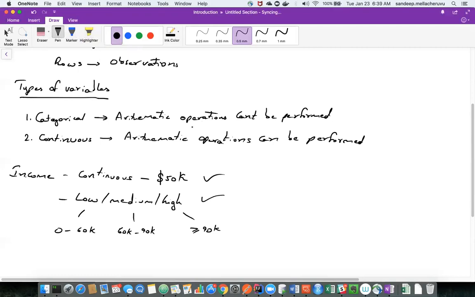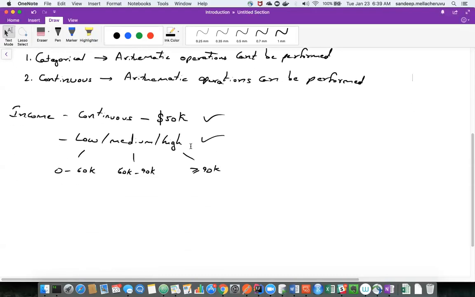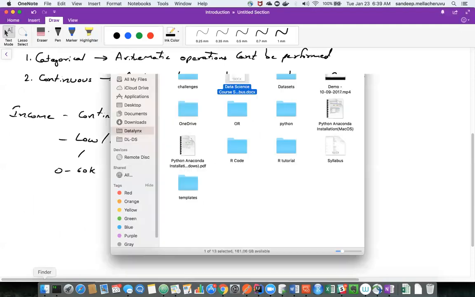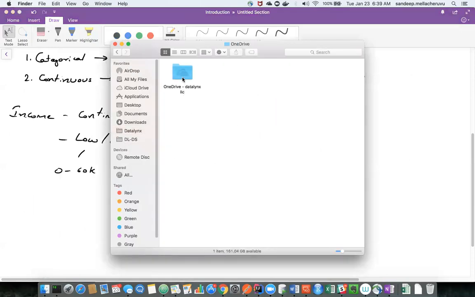If you can do, then the variable type is continuous. If you cannot do, then it is categorical. But there are other ways of distinguishing between variables. But before we go there, let's do a small exercise and recheck our understanding.